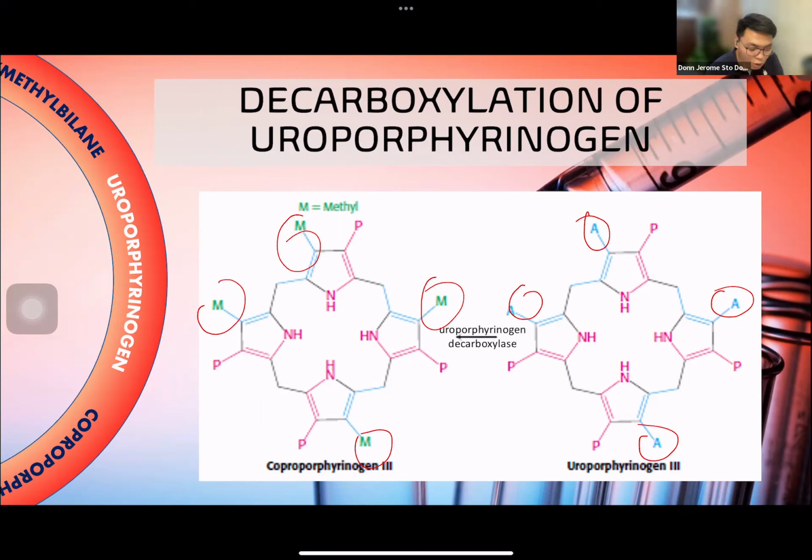So di ba ito, 8 yung carboxyl group niya. Pagdating sa coproporphyrinogen, you only have 4 carboxyl groups. And methyl is a side chain known for its non-polarity. So it's more fat or lipid soluble. Can you guys follow? So pag pinag-compare natin, which is more water-soluble between uroporphyrinogen and coproporphyrinogen, definitely it's the uroporphyrinogen, right?